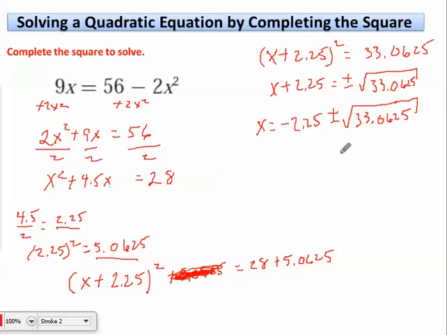Okay? What this is actually equal to, the 0.0625 is 1/16. So I might say that x is equal to negative 2 1/4 plus or minus the square root of 34 over 16.